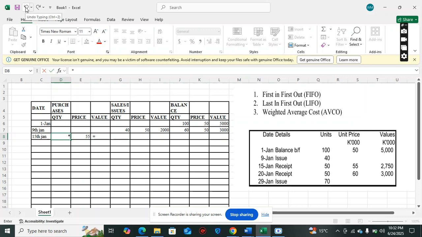My Excel is acting slow, so I have to take it to Word.